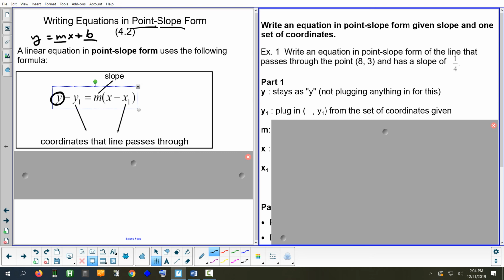Look at the number after the comma. Remember, when you write a coordinate, it's x comma y. The number after the comma in the coordinate they give you is going to get filled in for the y1. So plug in the number after the comma from the coordinate that is given. And the coordinate given here is (8, 3).